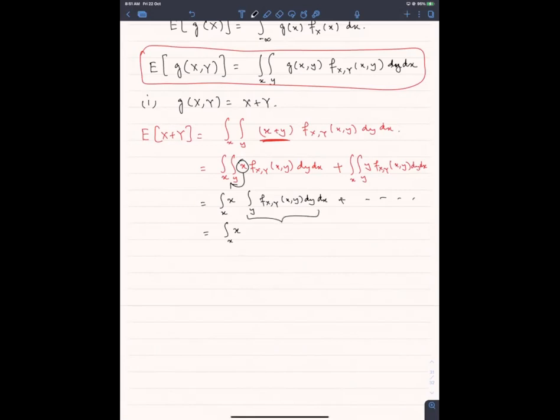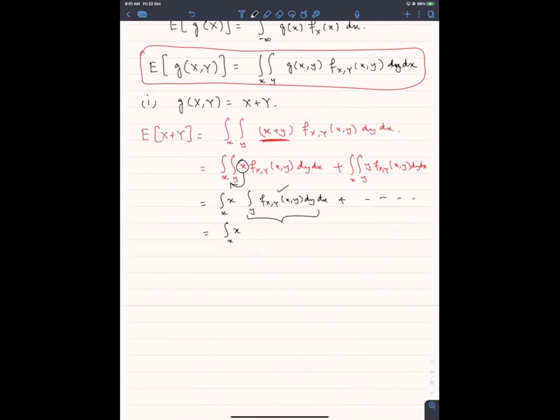What is this? The integral over y of the joint density f(x,y). You have to integrate the joint density over y. This is the marginal PDF of x.